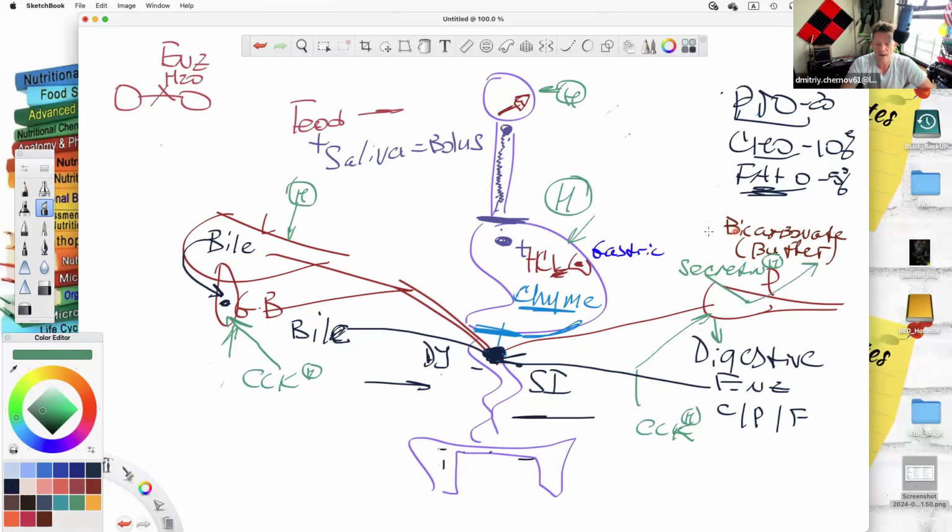Pancreas releases bicarbonate, buffer, and that bicarbonate will be released also within the small intestine, within this side, duodenum, and it will neutralize acids. That's a very simplified version of what happens between digestive organs and accessory organs.